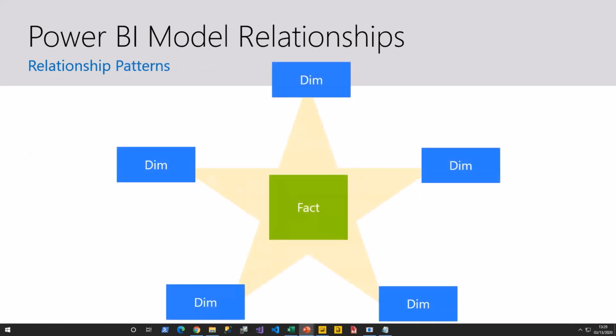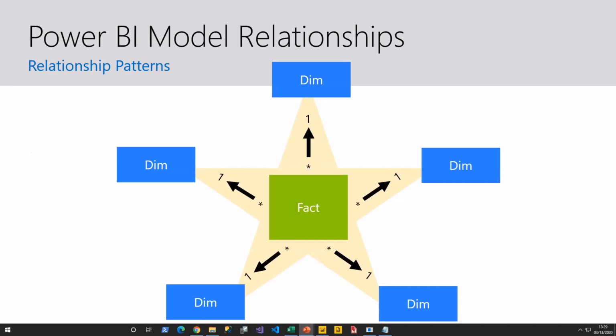Let's see why. Here in this diagram, we see the star, we see the fact table in the center, and dimension tables around the point. The classic pattern that we recommend is that you're going to use one-to-many relationships from dimension to fact. Think about it. In a dimension table for our products, we define them once with a unique identifier, and then in the corresponding fact table, we would expect to sell that product multiple times.